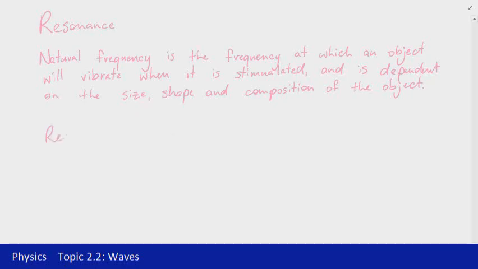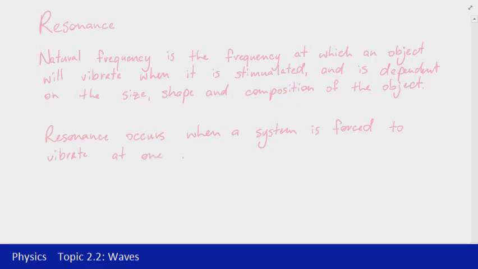The idea of resonance then is that it's going to occur when a system is forced to vibrate at its natural frequency. And when we're talking about a system, it could be the wine glass that we just saw, it could be, say, a child on a swing. It doesn't really matter what the system is, it could even just be an object, but ultimately we're forcing the object or the system to vibrate at its natural frequency.